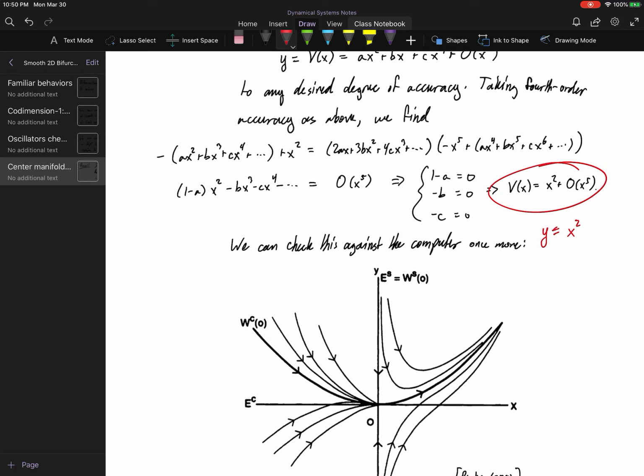And have a look again. Check this approximation. Remember, this is effectively y equals x squared, or y is approximately x squared. I'll be damned if that center manifold doesn't look like a parabola. Right? So this is exactly why we want to use the center manifold approximation, because it's going to give us a more accurate picture of the dynamics.